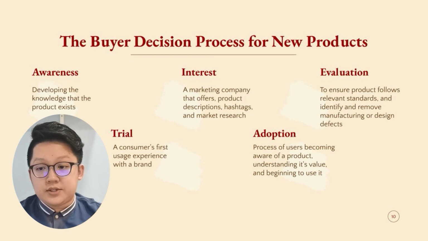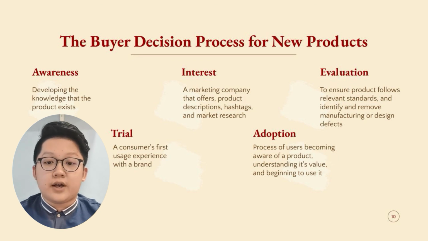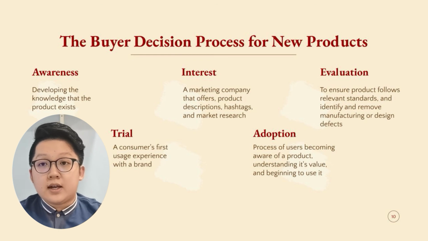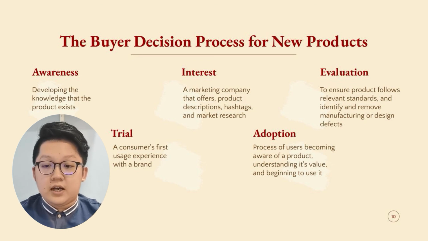And the third step is evaluation, to ensure the product follows relevant standards and to identify and remove manufacturing or design defects. And the fourth step is trial. A consumer first uses and experiences a brand to decide whether they are going to buy or not. And the last one is adoption. Adoption is the process of the user becoming aware of a product, understanding its value and beginning to use it.